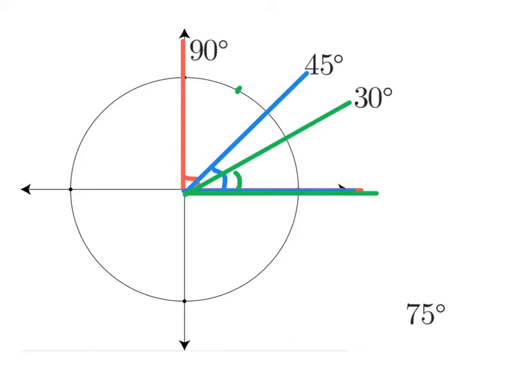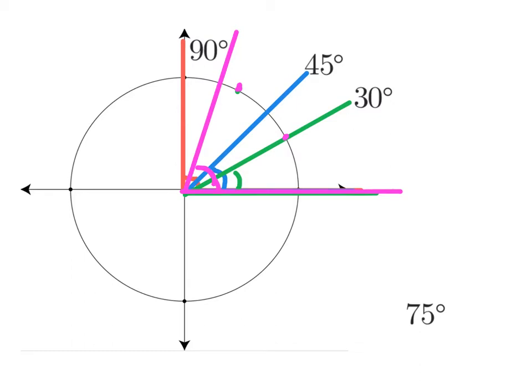For an angle of 75 degrees, again, initial side on the positive x-axis, and we're going to want to rotate that terminal side 75 degrees. You're not going to be as exact with this one in general, but we're estimating that arc. We've already identified that 30 degrees was right here, and estimated that 60 degrees was about right there, which would make 75 degrees, I don't know, somewhere in here.